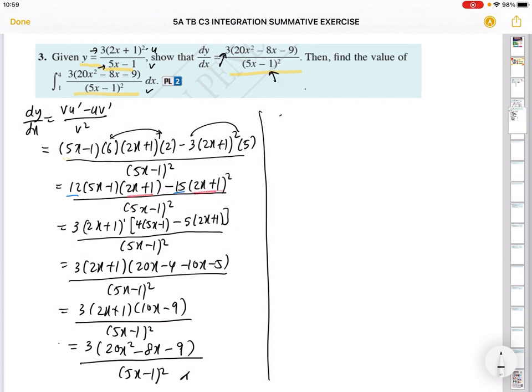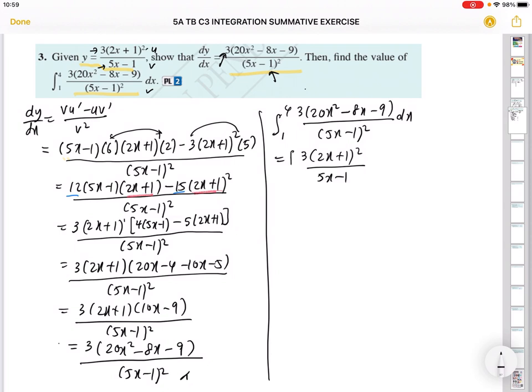We'll just write integration from 1 to 4 of 20x squared minus 8x minus 9 divided by 5x minus 1 squared dx, and the result of integrating this will be the original function, 3 of 2x plus 1 squared over 5x minus 1.